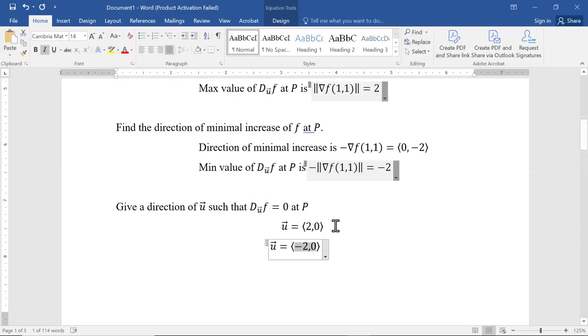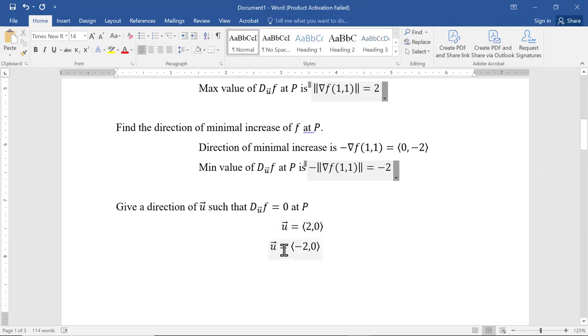If I wanted to make those into unit vectors, I would just multiply by 1 over the magnitude. In this case, the magnitude is 2. And so if I wanted a unit vector, it'd be (1, 0) or (-1, 0).